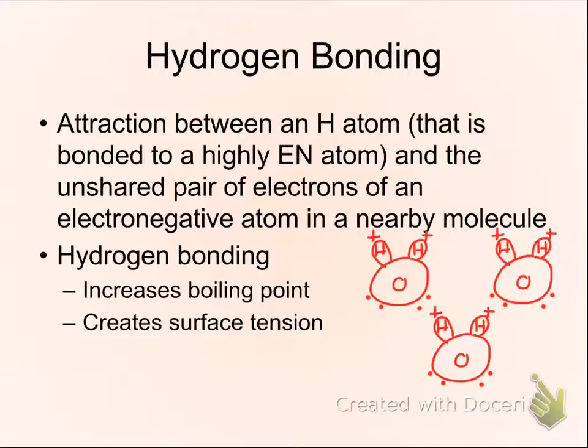Remember, water is only attracted to two things in the entire universe: itself and everything else. So that's because largely of those hydrogen bonds. Water tends to cling together, but it also tends to be attracted to other surfaces. And hydrogen bonding, again, just like dipoles, increases the boiling point, and it creates surface tension.